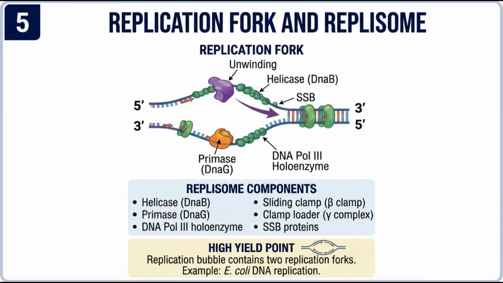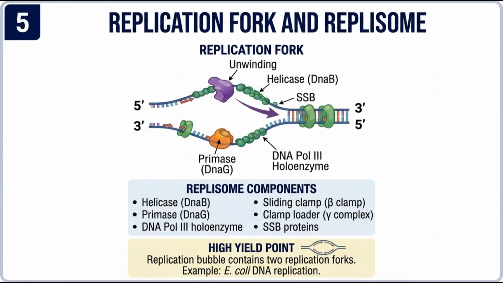Replication fork and replisome. As replication proceeds, a Y-shaped structure called the replication fork is formed. The replication fork is the active site where parental DNA strands separate and new DNA synthesis occurs. The complete replication machinery assembled at the fork is called the replisome.